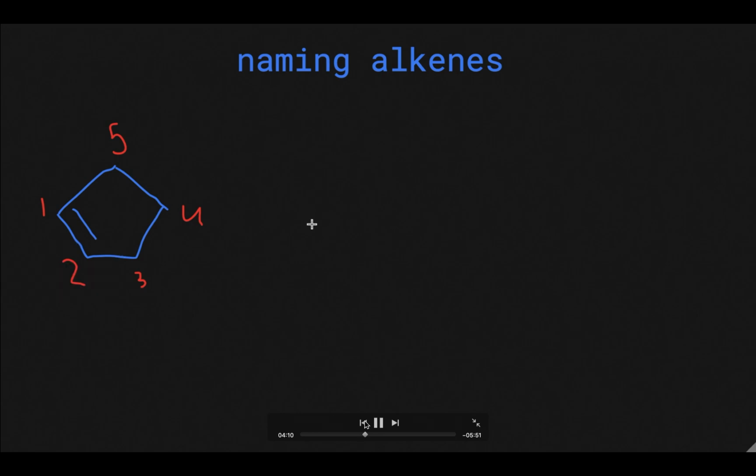As this is in a cyclic shape, our prefix is going to be cyclo. This is 5, so it's going to be pent. And our ending is going to be ene. We can assume since the double bond is at 1, it's at 1. Therefore, we don't need to explicitly state 1-cyclopentene.